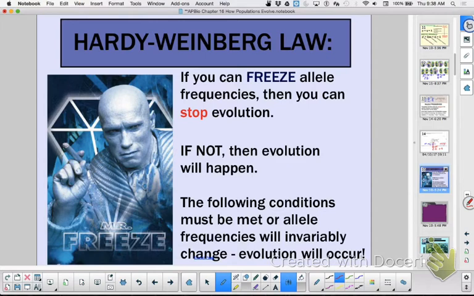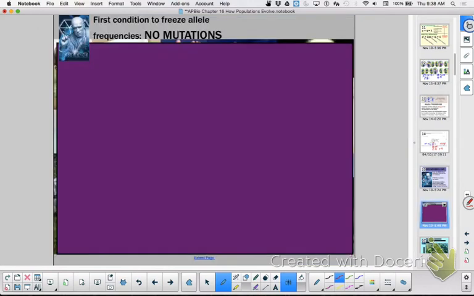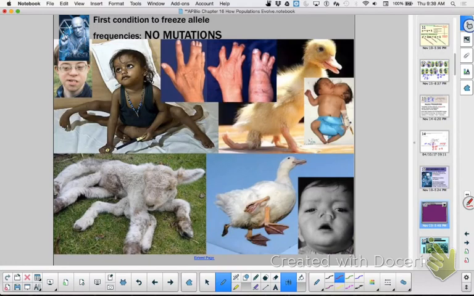Remember the 5 fingers he did? Those 5 items can alter the allele frequencies, and therefore evolution occurs. That's the point that gets made by this. So, for instance, the very first condition you have to meet is no mutations. But mutations happen. So, if you're looking at your notes, I gave you the Hardy-Weinberg equilibrium.